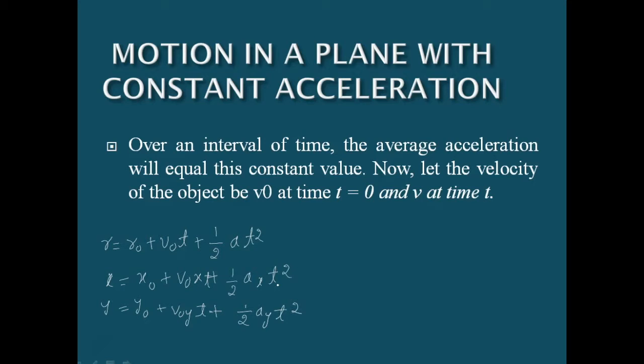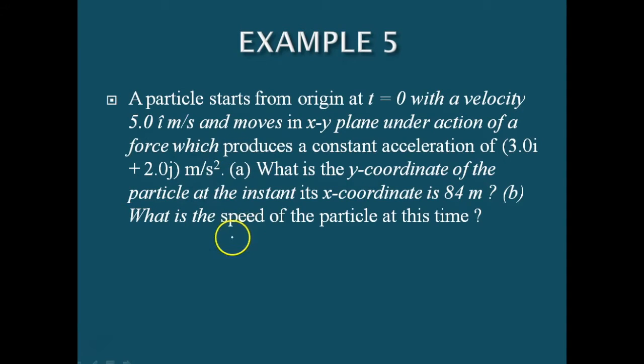Now let us solve a simple problem on this. A particle starts from the origin at t = 0 with a velocity of 5 î meter per second and moves in the xy plane under the action of a force which produces a constant acceleration of (3 î + 2 ĵ) meter per second squared.